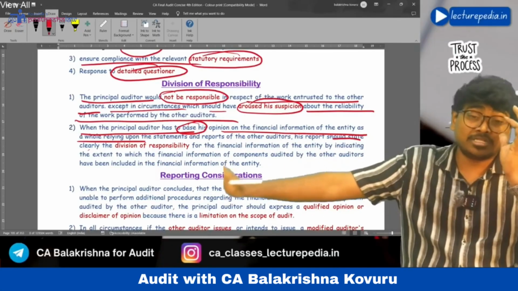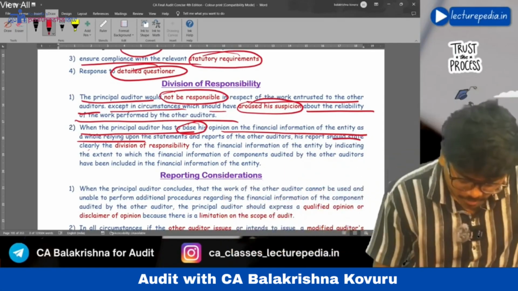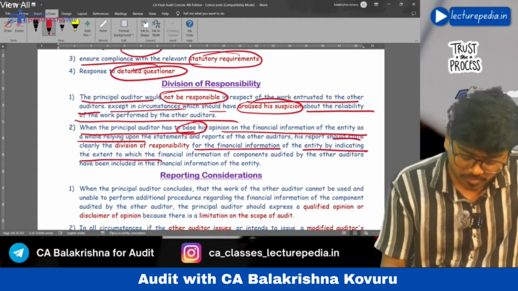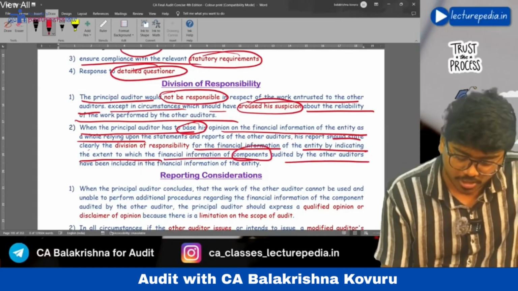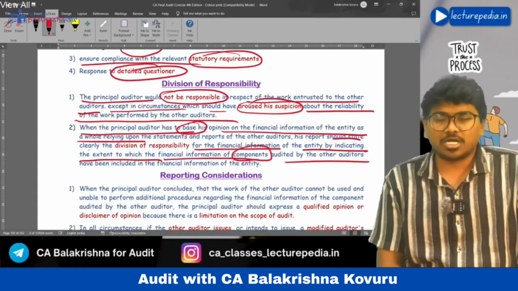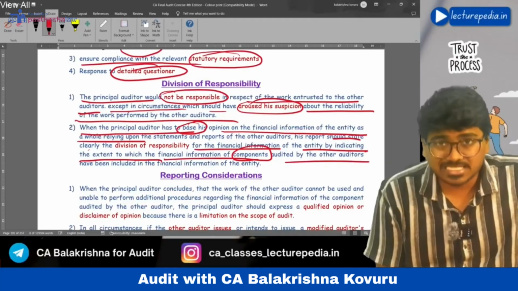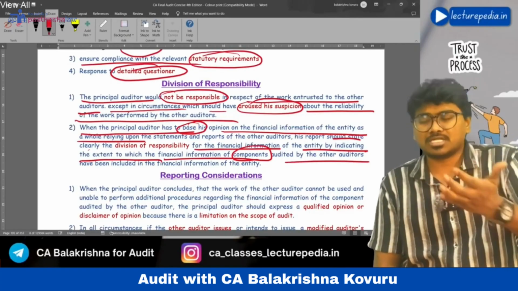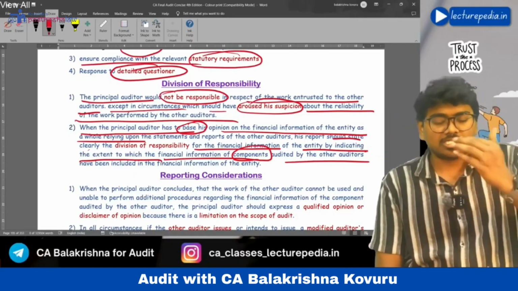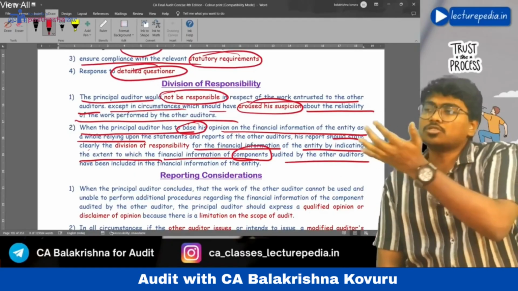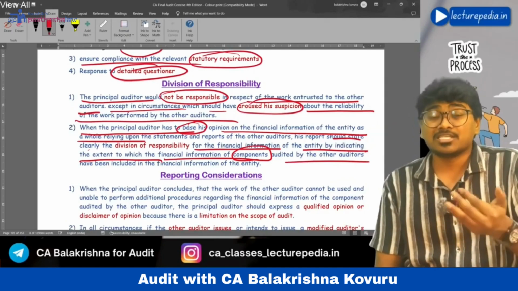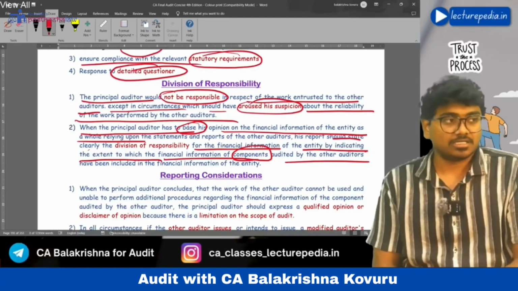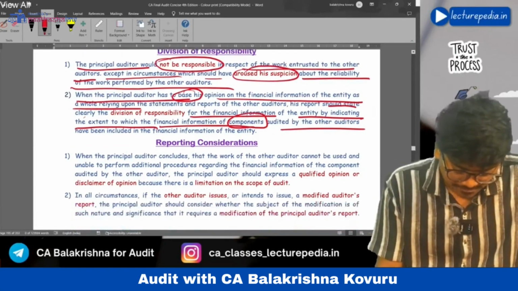Like this, he can mention the division of responsibility for the financial information of the entity by indicating the extent to which the financial information of the component was audited by the other auditor. How will you quantify it? By percentage of assets, percentage of liability. This much percentage of total assets has been audited by the component auditor, this much percentage of total revenue is audited by the component auditor. Like this, you have to quantify and refer to the fact that there is a division of responsibility.